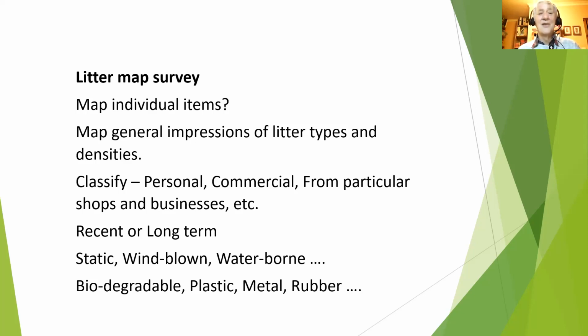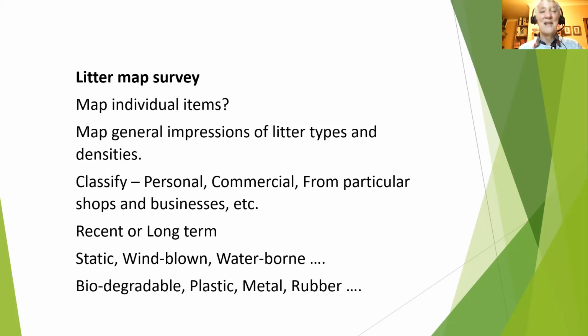You can classify the litter. Is it personal? You know, sweetie wrapper, commercial, has it got the name of some firm on? Is it builder's waste? You know, a cement sack they've been using and it's blown away and they've not bothered to pick it up. Is it stuff from particular shops and businesses?